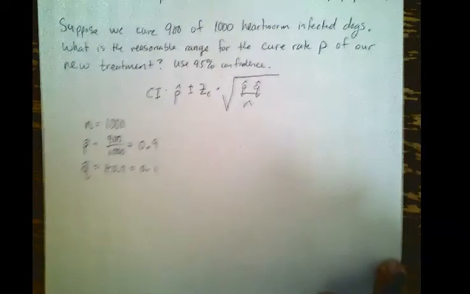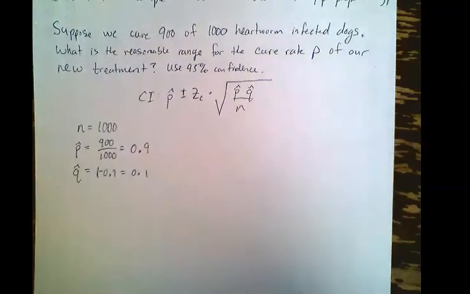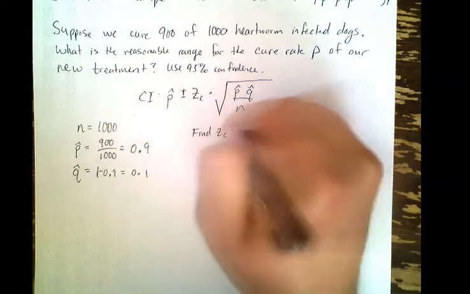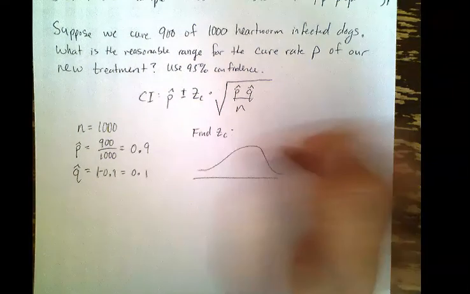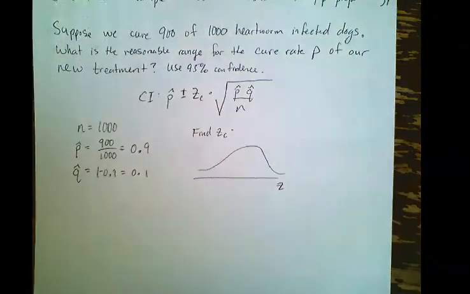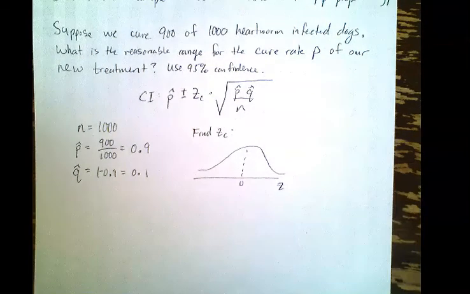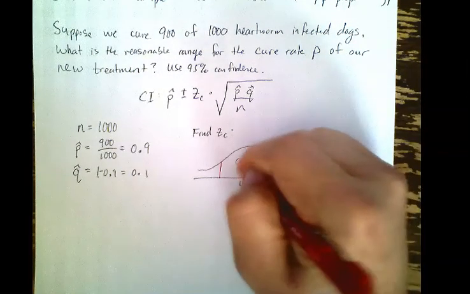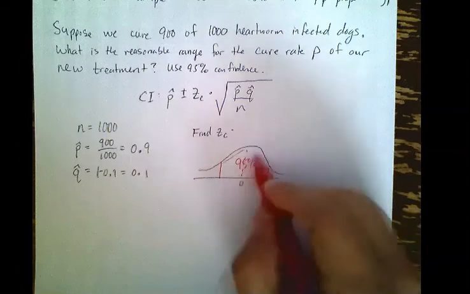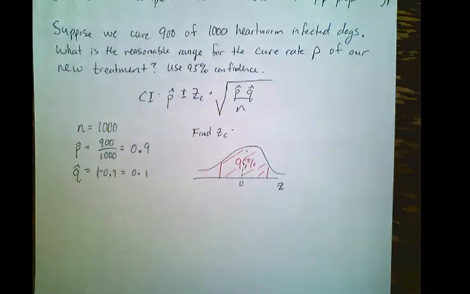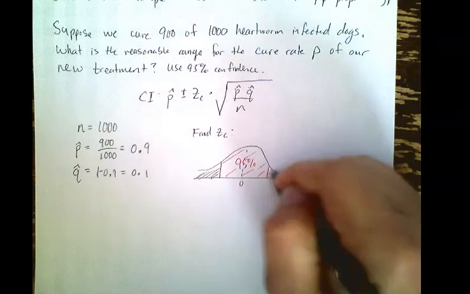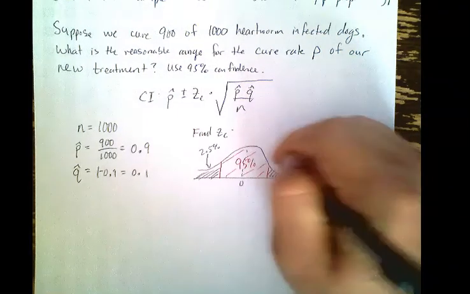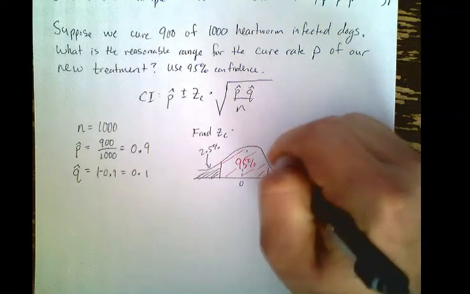And we need a Z critical for 95% confidence. You can just use the table, or again, if we want to find the Z critical, set up your normal distribution. Z is 0. 95% lies between. So how much area is in each tail? 2.5%.